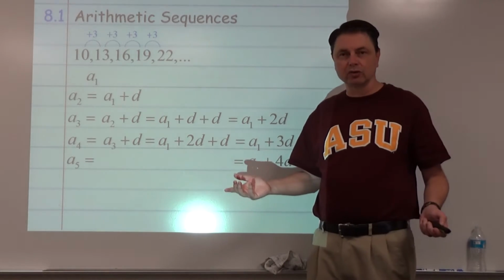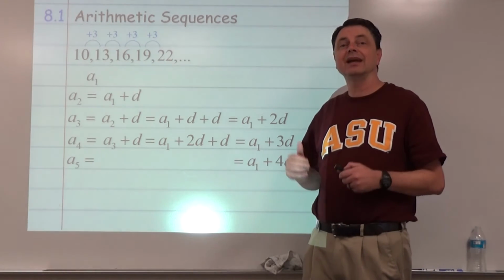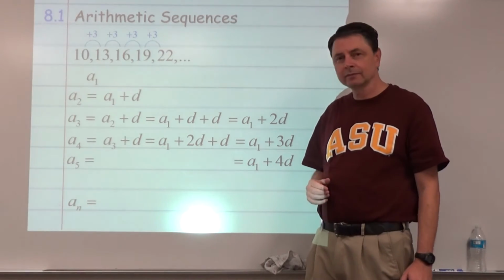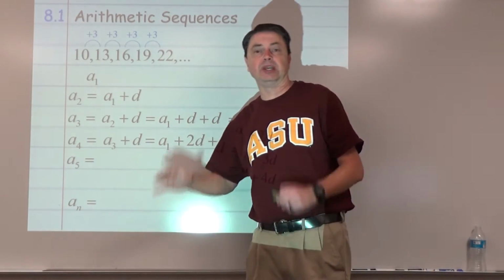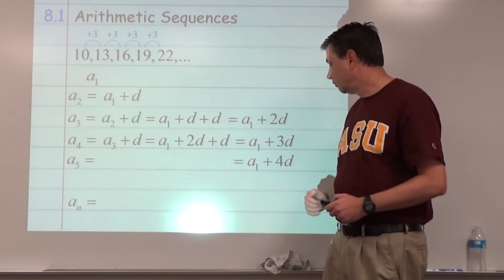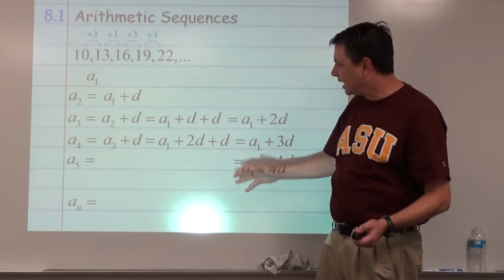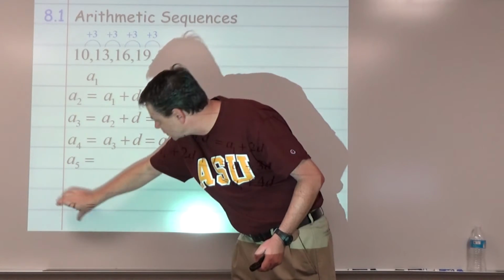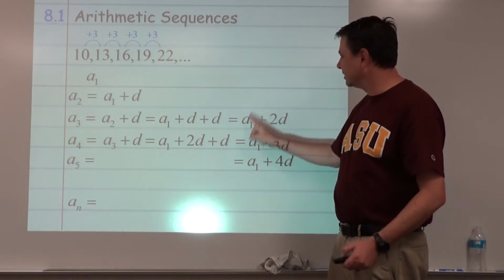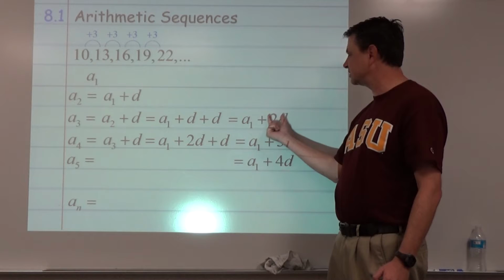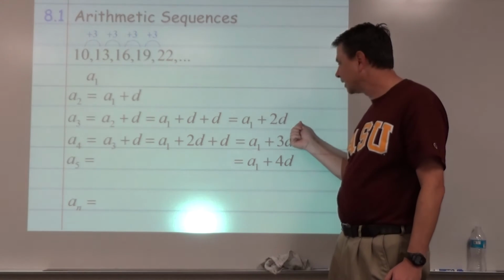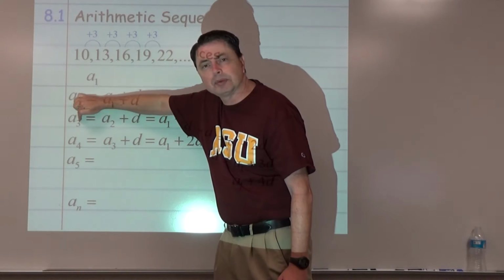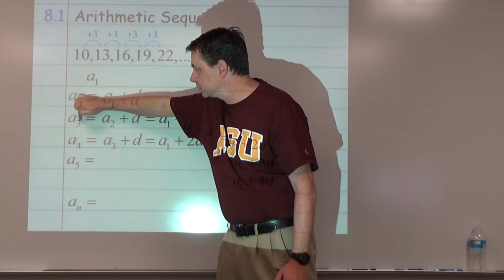So in general, we're looking for the nth term, A sub n. This is essentially going to be our formula for this. So the pattern is A sub 2, A sub 3, A sub 4, A sub 5. In general, A sub n is A sub 1 plus some number times D. How does this number relate to our position, our subscript?